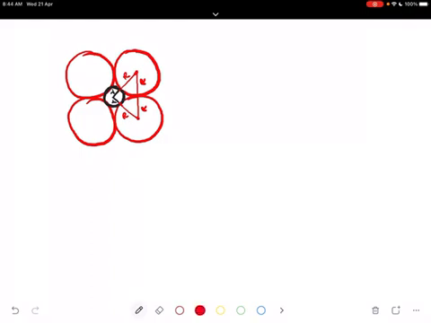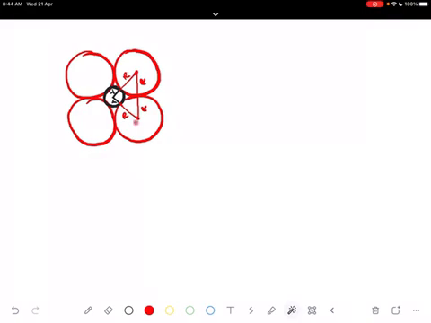So what will be the relation between this? You can construct a Pythagoras triangle. This much, that is (R plus r) whole square plus this (R plus r) whole square is equal to (2R) square.